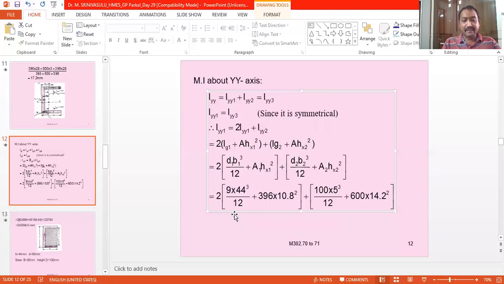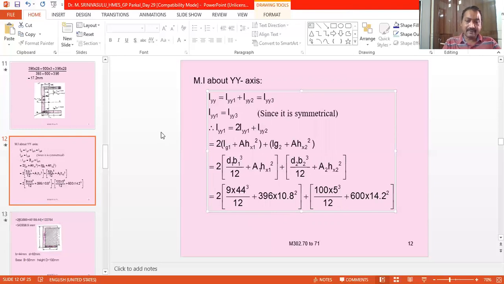Now substituting the values: 2 into 9 into 44 cube by 12 plus 396 into 10.8 whole square, and here 100 into 5 cube by 12 plus 600 into 14.2 whole square.